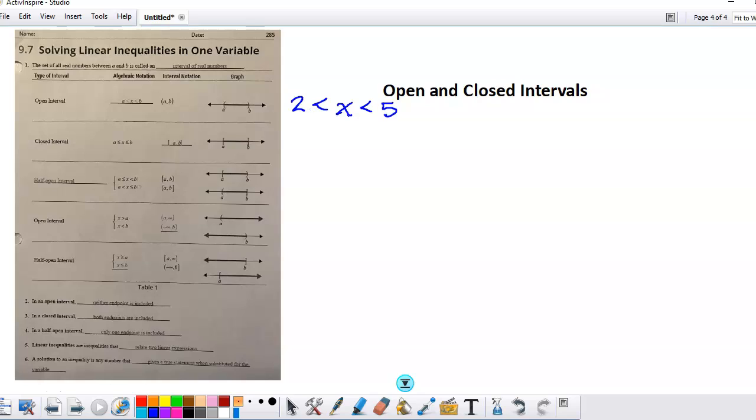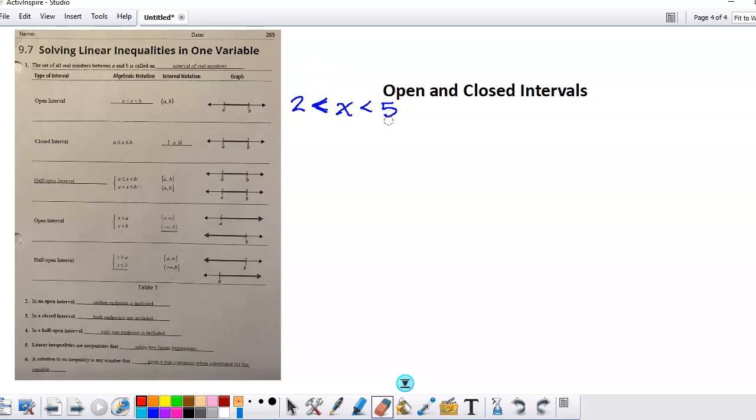So this is saying that x is anywhere between 2 and 5, but because this less than symbol does not have an equal to line on it, the 2 is not included in the answer. 2.1 is, and 2.5 is, but 2 itself is not included because there is no little equal to line right there.